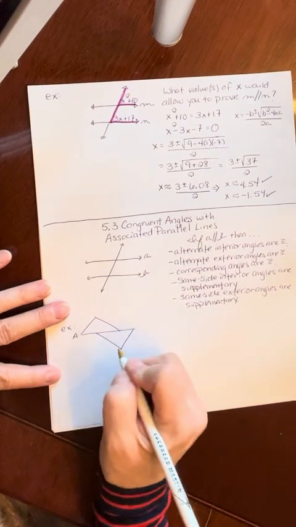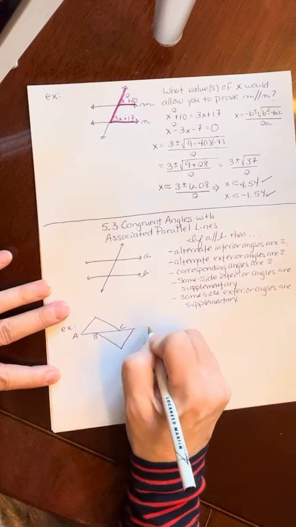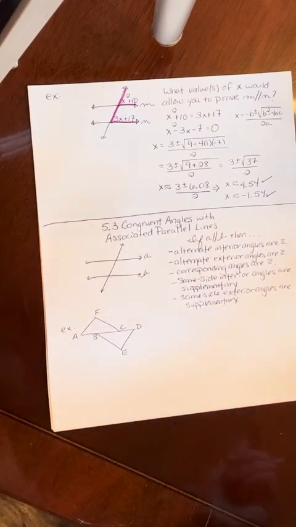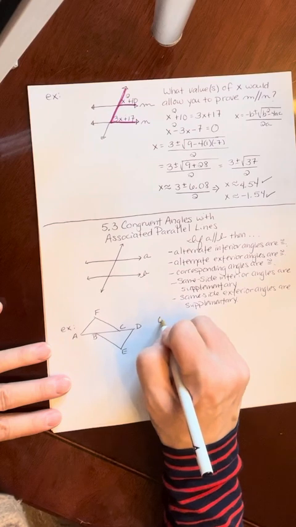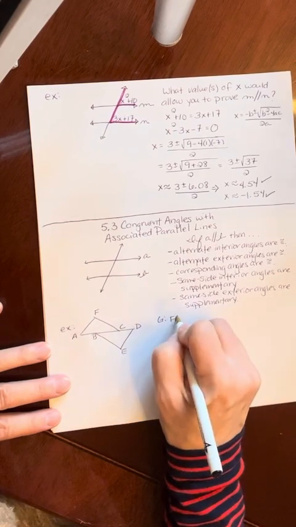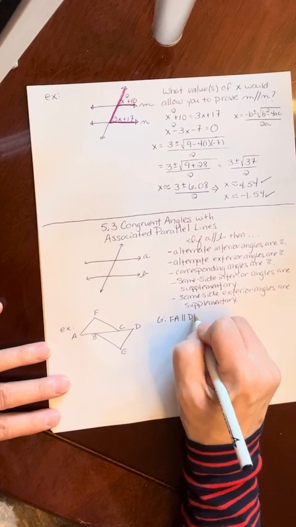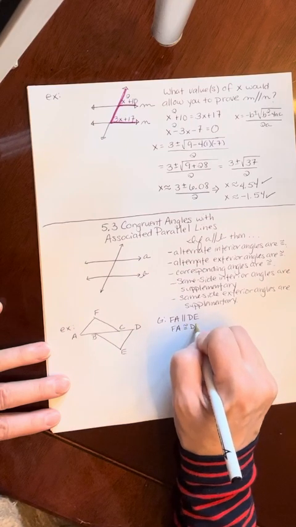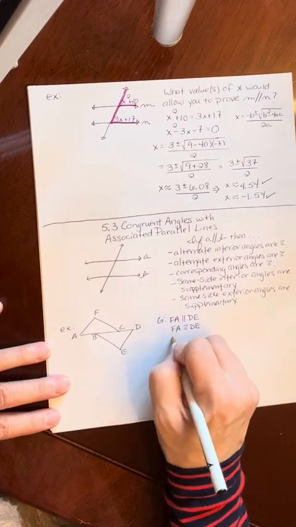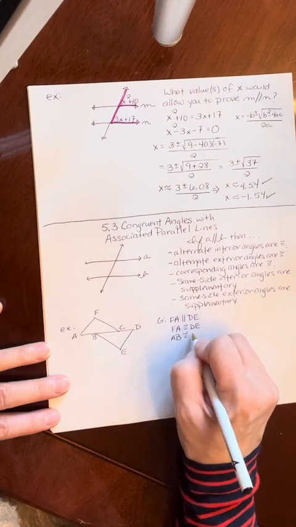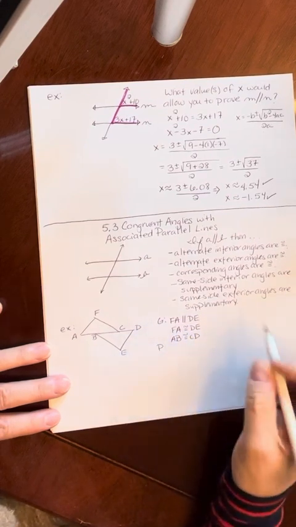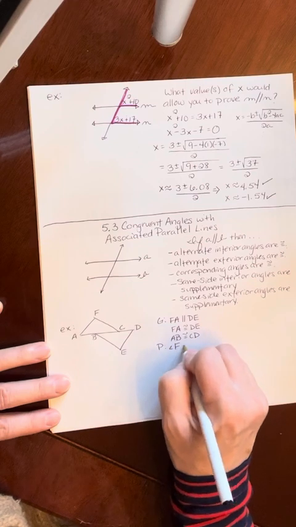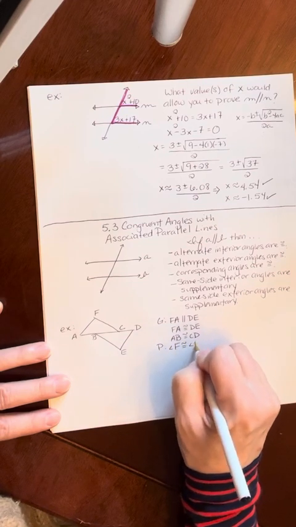We'll do A, B, C, D, E, F. The given is FA is parallel to DE, FA is congruent to DE, and AB is congruent to CD. So those 3 pieces of information are given to you. You're going to prove angle F is congruent to angle E.